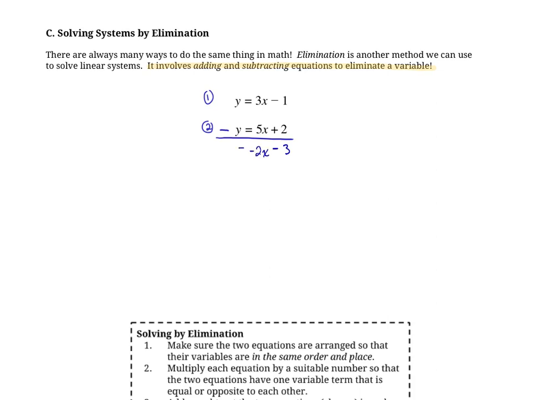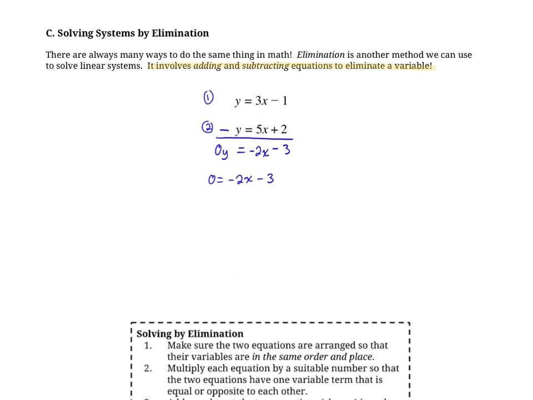And we need to bring down that equal sign. y minus y is just 0y. So we have actually eliminated our y variable. The equation that we are left with is just 0 equals -2x minus 3. Now this is an easy equation that we're able to solve.